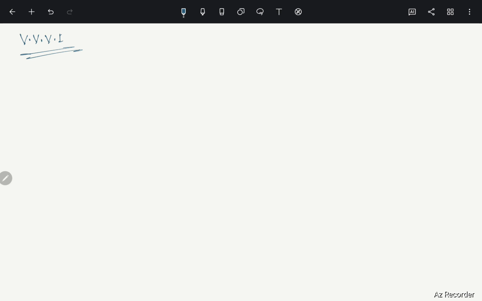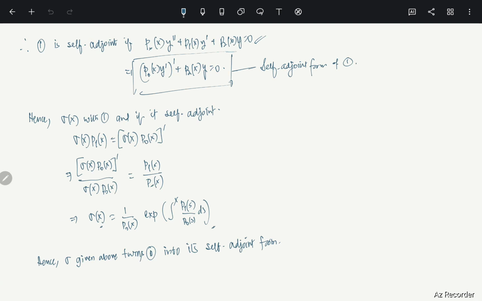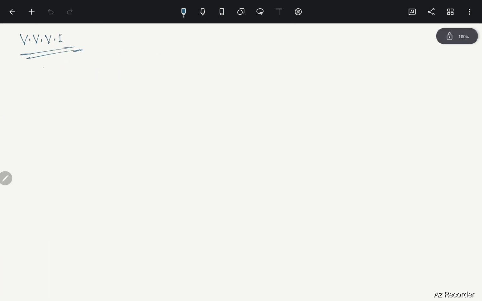So you see, the thing is, let me write it this way. Sigma of x is such that it makes it self-adjoint, right?